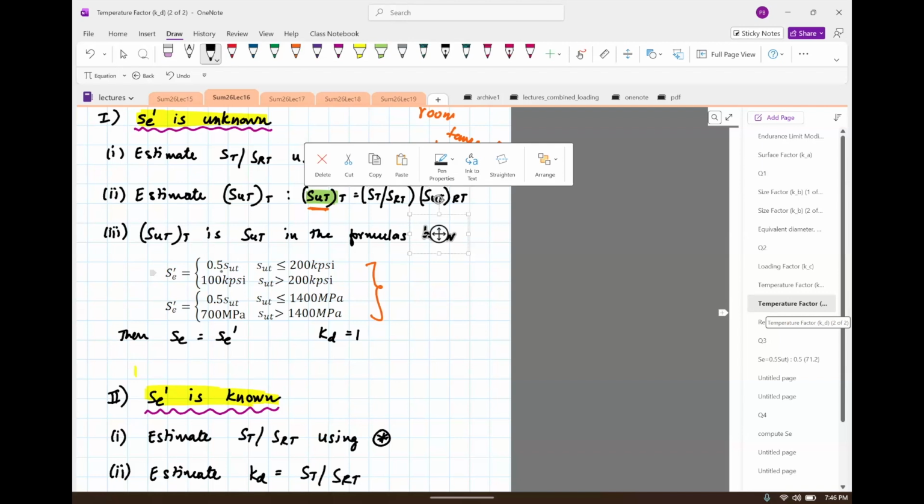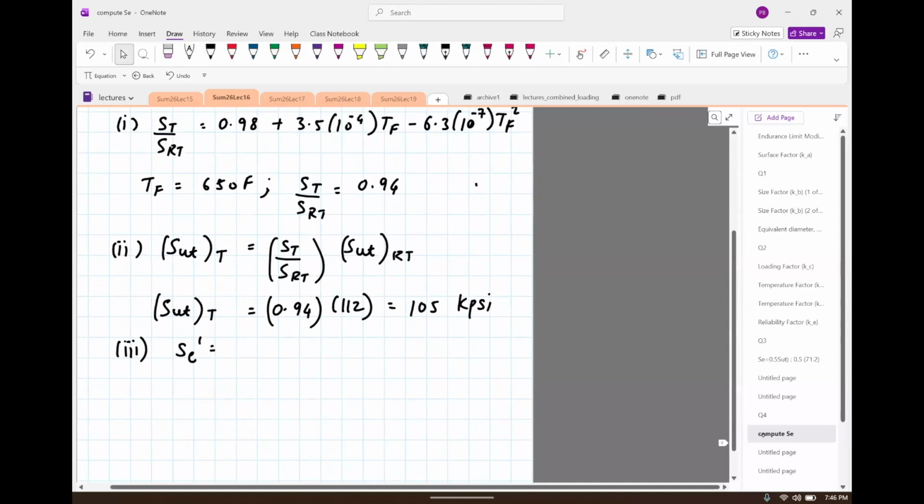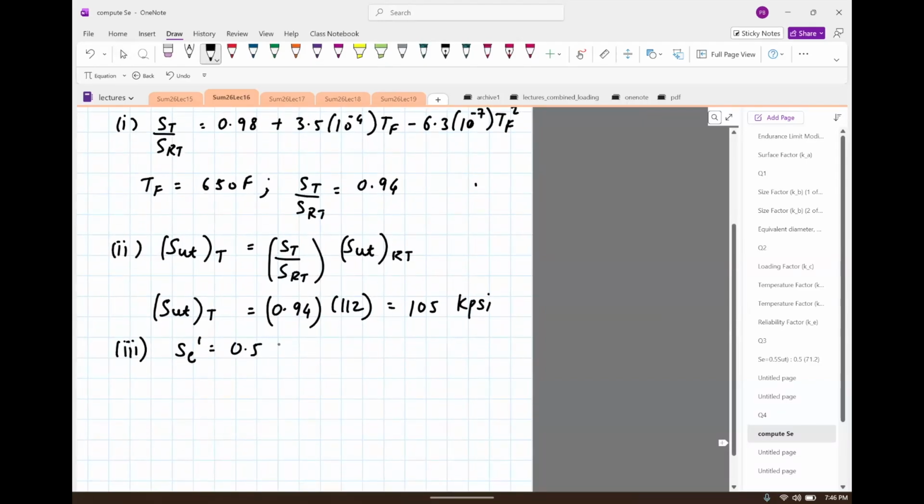So we have to use 0.5 Sut, and this should always be at operating temperature. So 0.5 times 105, so Se prime is 52.5 kpsi.